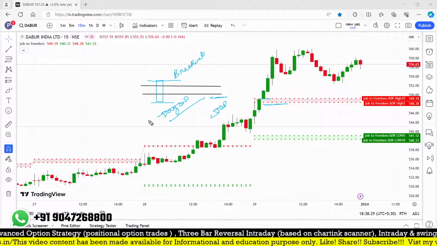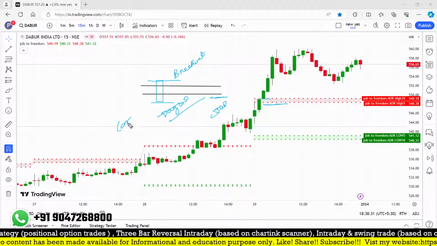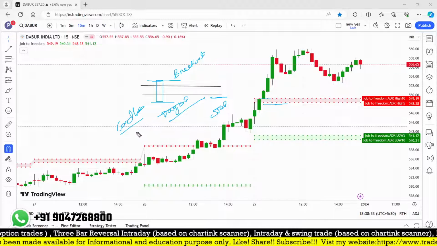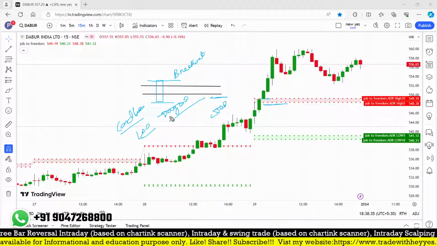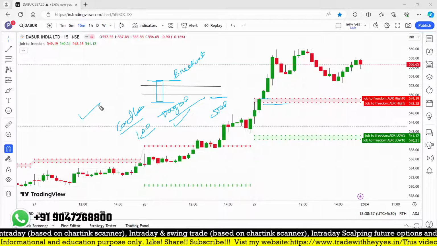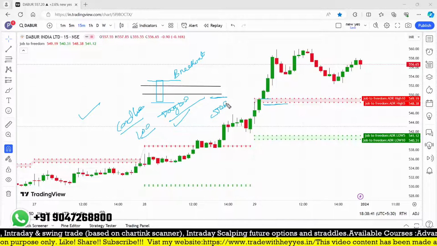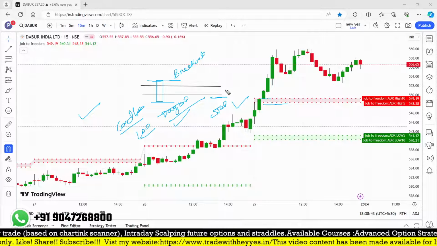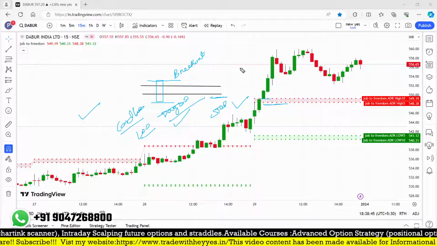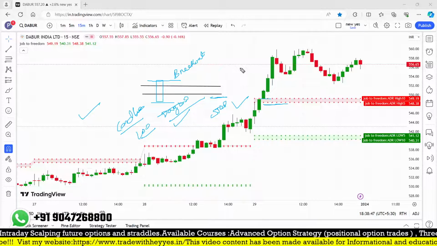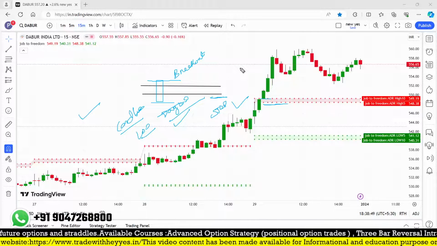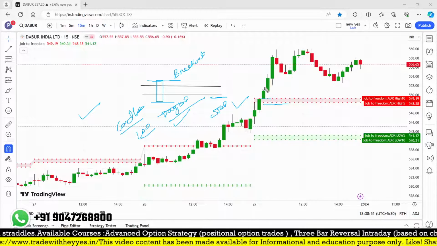Instead of the day low, we can use the candle low as the stop loss. It depends on your idea. Sometimes it may be the day low, sometimes the candle low, sometimes the ADR, whichever is lower. The close should be above whichever is higher, and the stop loss would be whichever is lower. This is what we planned in this case, which happened on the third 15-minute candle.